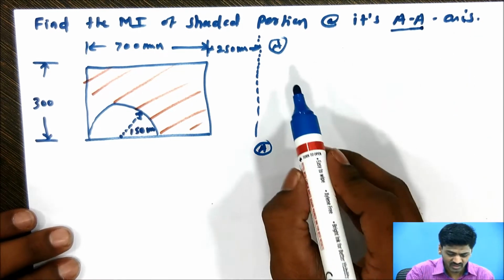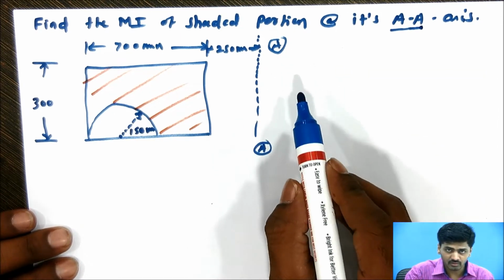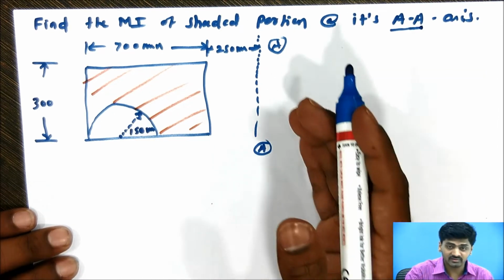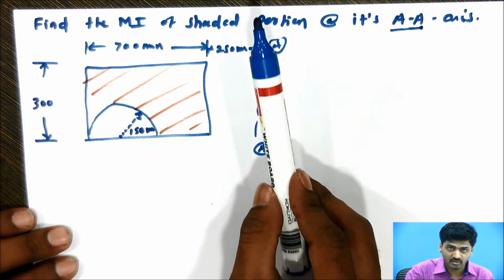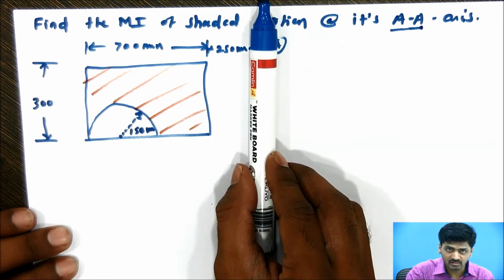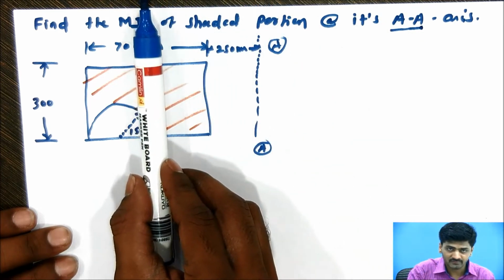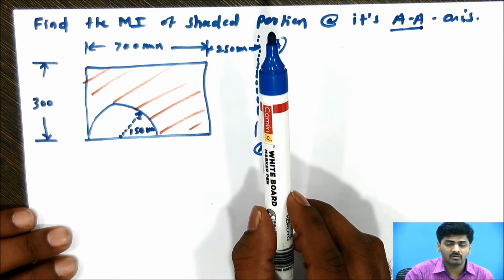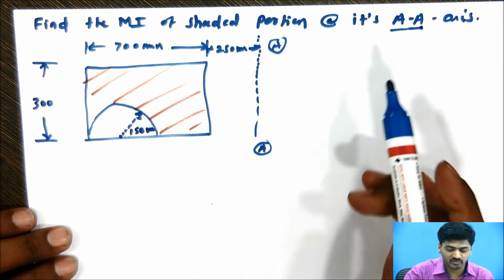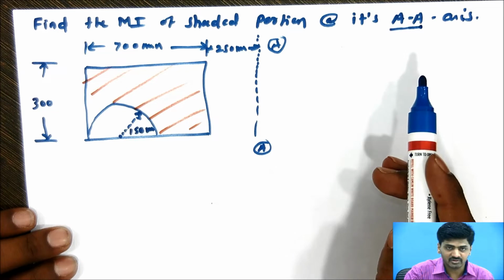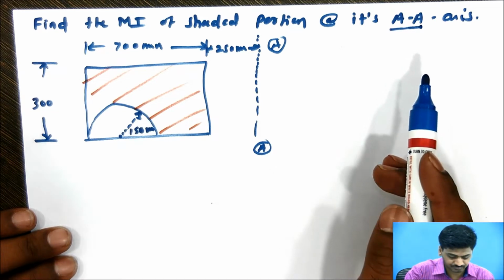Here they have mentioned AA, so you identify it along the AA axis. Now this AA axis is parallel to the y axis, so you may utilize the formulas for IYY, the formulas for the y axis.